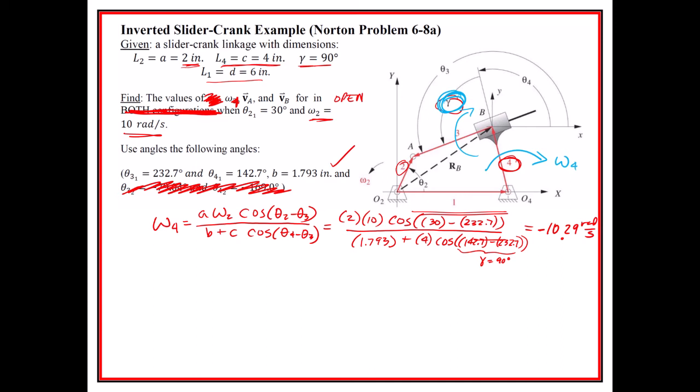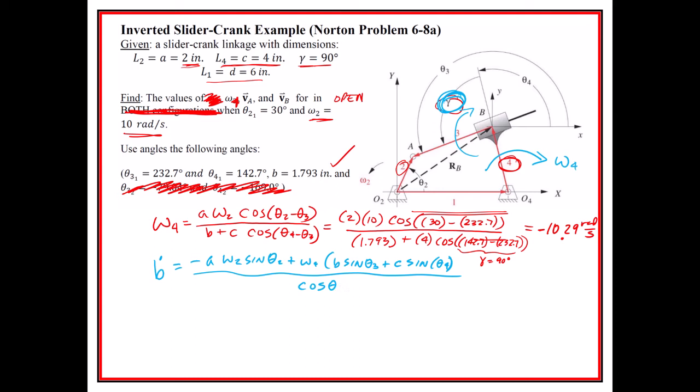So other things that we're going to find here, we also want to get the b dot. So it's going to be negative a times omega 2 times the sine of theta 2, plus omega 4 times b sine of theta 3 plus c sine of theta 4, and divided by our cosine of theta 3.